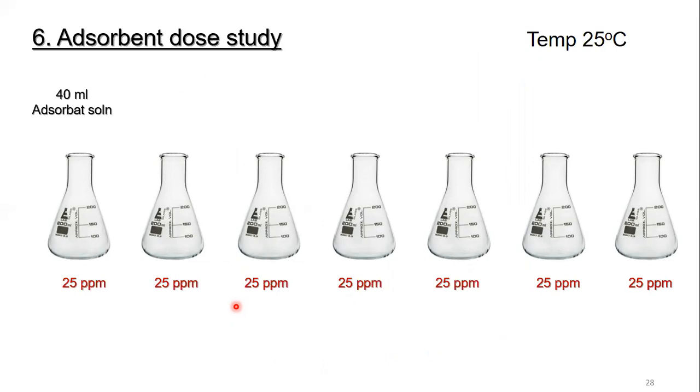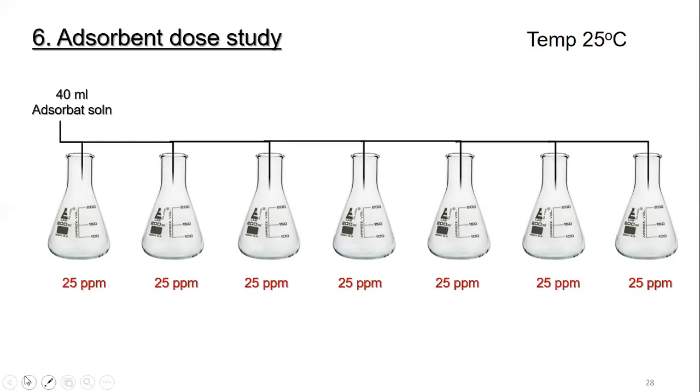Otherwise, if there is any residue of the previous experiment in the flask, it will affect your data. Next, you have to put 40 ml of the 25 ppm stock solution, because experimentally we found that 25 ppm is our optimum concentration. So just add 40 ml in each flask.